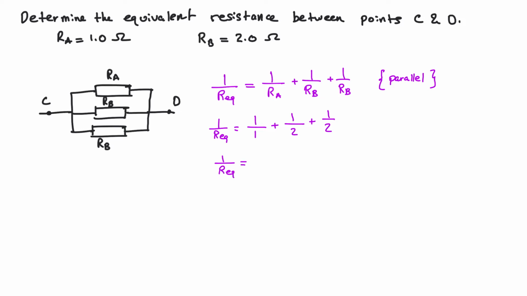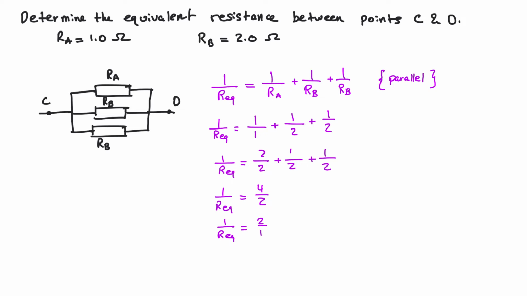You can say 1 over 2 plus 1 over 2 is 1, 1 plus 1 is 2, or you can get a common denominator of 2 and write that 1 over REQ is equal to 4 over 2. Or simplified, it's equal to 2 over 1, or just 2.